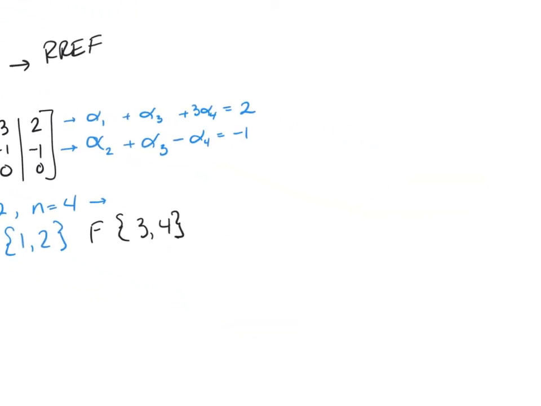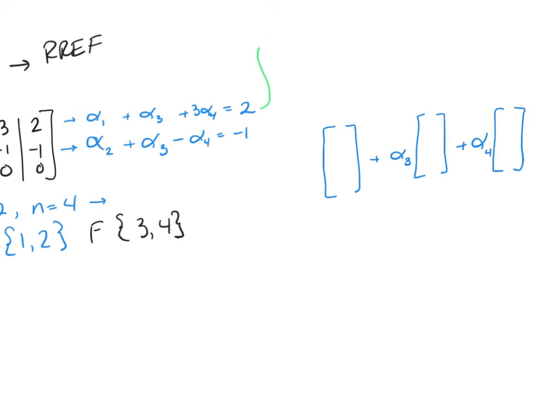From this, I'm going to build first my constants, and then plus my alpha sub 3, because that is my free variable, and then alpha sub 4, because that's also my free variable. I need to solve for alpha 1. Alpha 1 is equal to 2, that's my constant, so 2 is going to go there, minus alpha sub 3, so that's going to be a negative 1 there, and then minus 3 alpha sub 4, so negative 4 goes there.